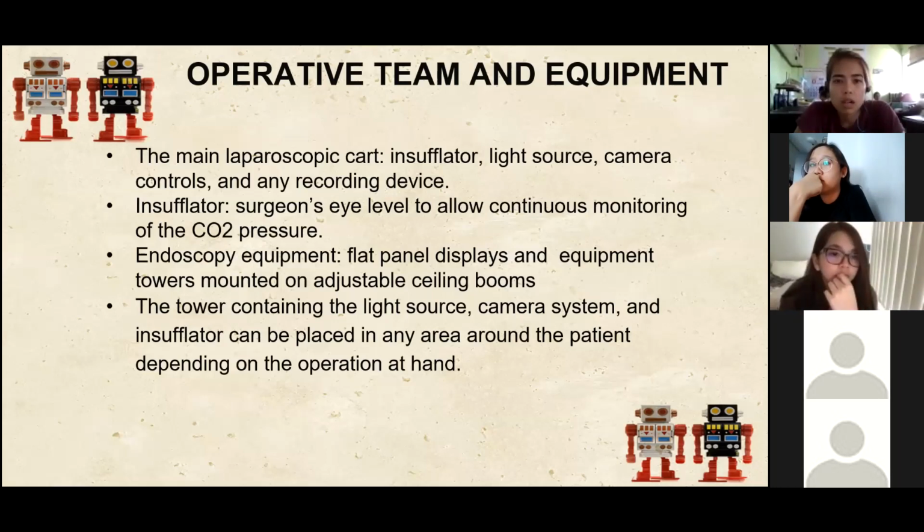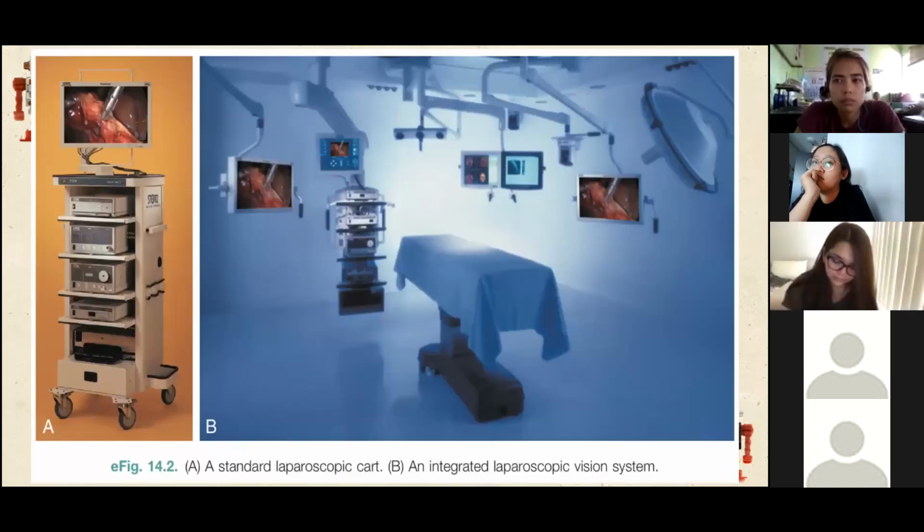The tower containing the light source, camera system, and insufflator can be placed in any area around the patient depending on the operation at hand. Next, please. So in this picture, on your left, you can see a standard laparoscopic cart, and on your right, an integrated laparoscopic vision system. Next, please.